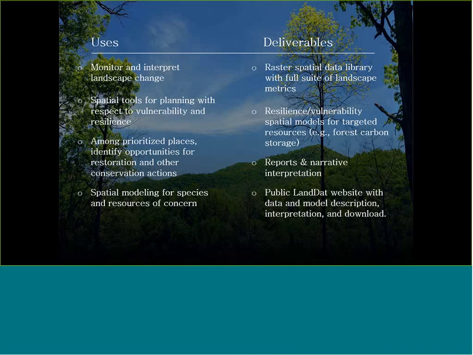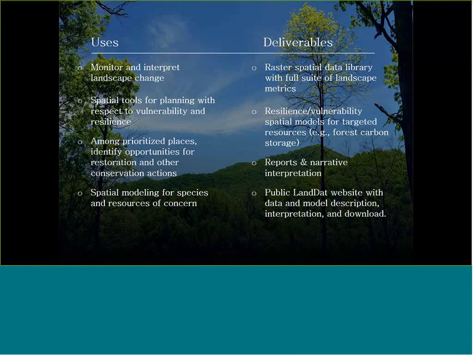For example, now within a planning context, among places that have already been prioritized for conservation activity, we think that the new metrics can really help to identify opportunities for different kinds of ecosystem management approaches that may be more or less appropriate given the landscape dynamic context, so restoration activities, for example.